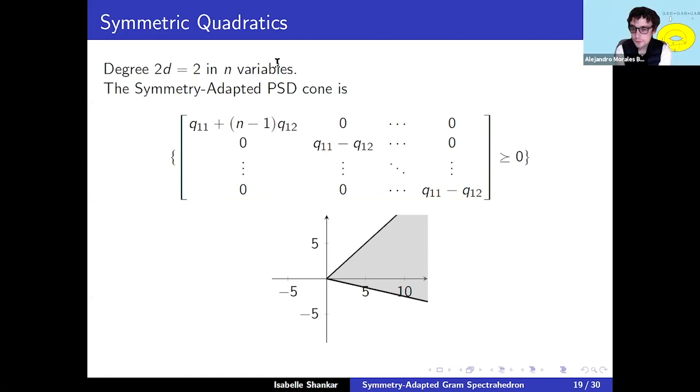I have a question for the cases when it's known. Is it possible to give SOS proofs of the positive results, let's say, for the elementaries or for the Schurs? Yeah, all of this machinery works for any of the inequalities, as a proof for the inequality for any number of variables. It's again this issue of the Gram spectrahedra being specific to the number of variables and the degrees.